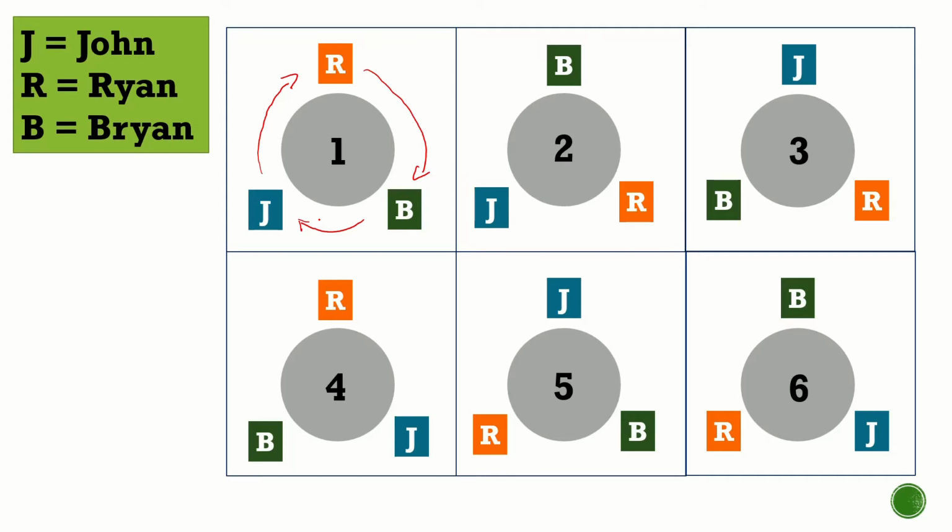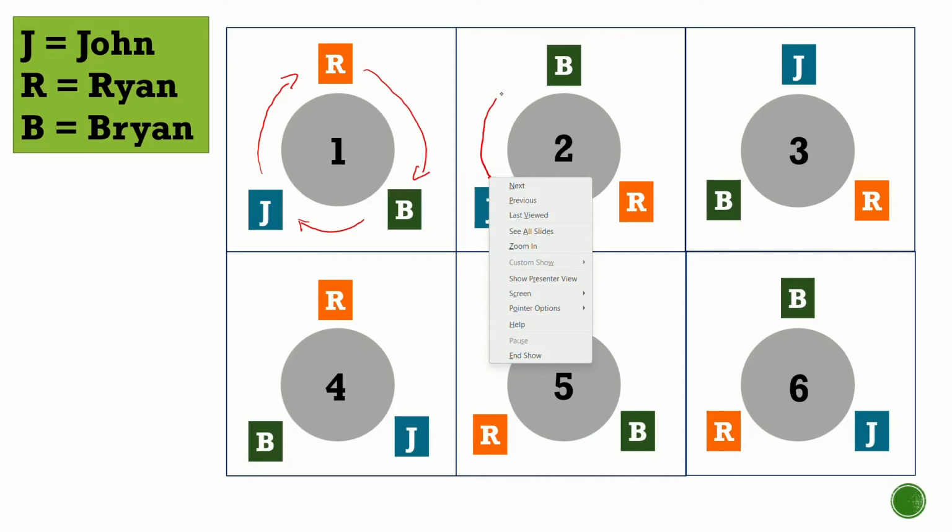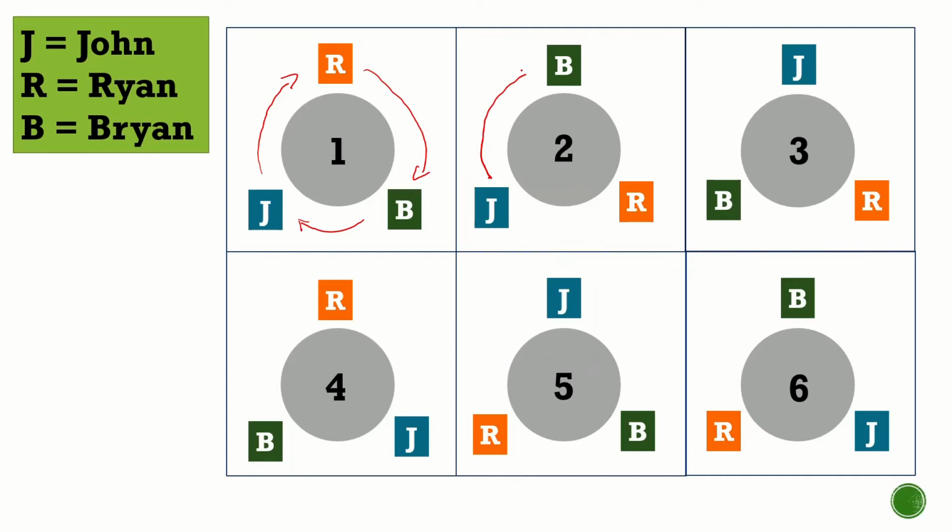Is that similar to the first arrangement, meaning John, Ryan, and then Brian? All right, no. Here, after John is Brian, and then after Brian is Ryan, and then Ryan to John. So these two are different arrangements, right?